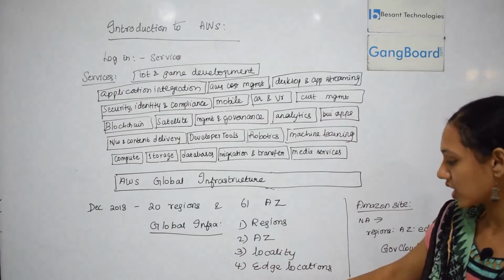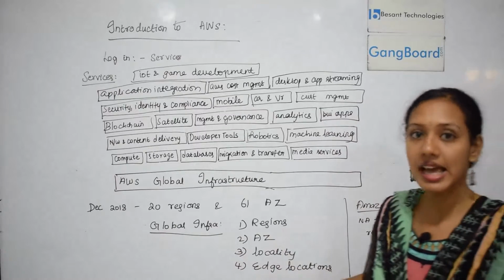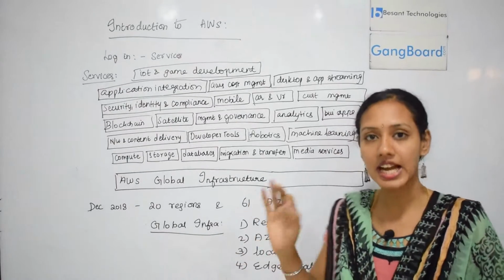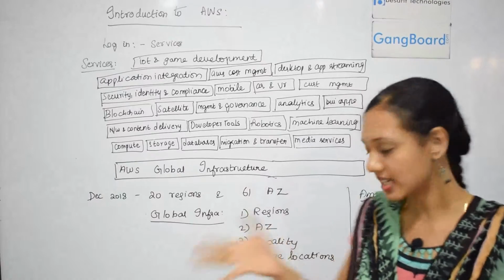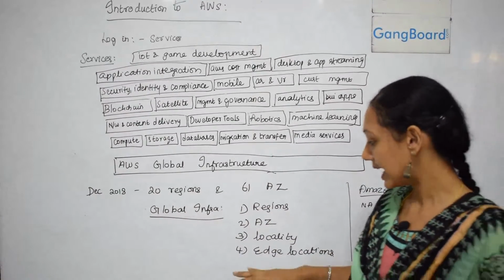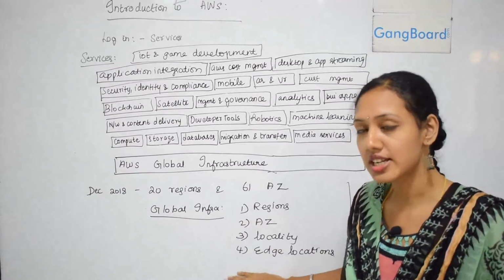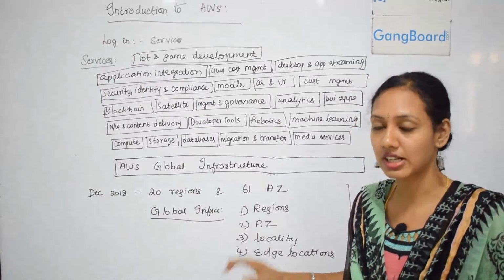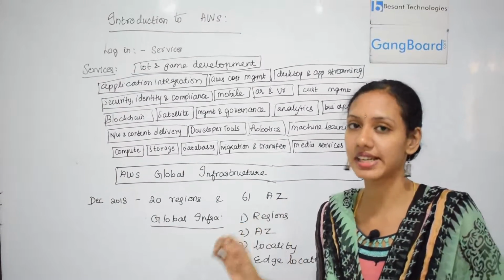Then we have something called an edge location. An edge location is where the end users access the services in AWS. For example, AWS uses an edge location service called CloudFront, a Content Delivery Network.